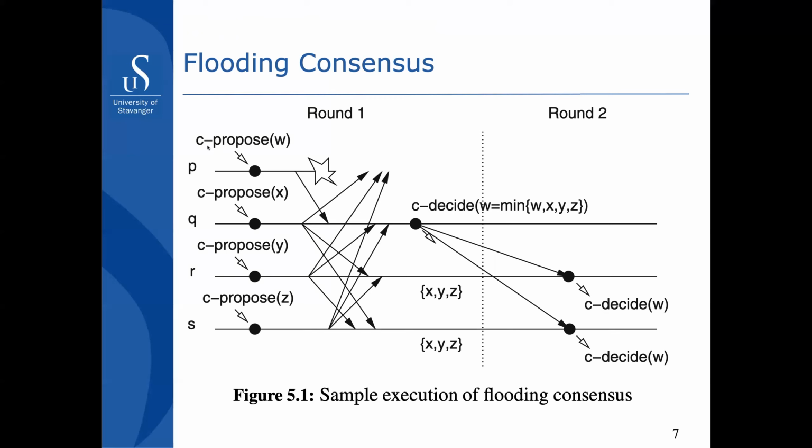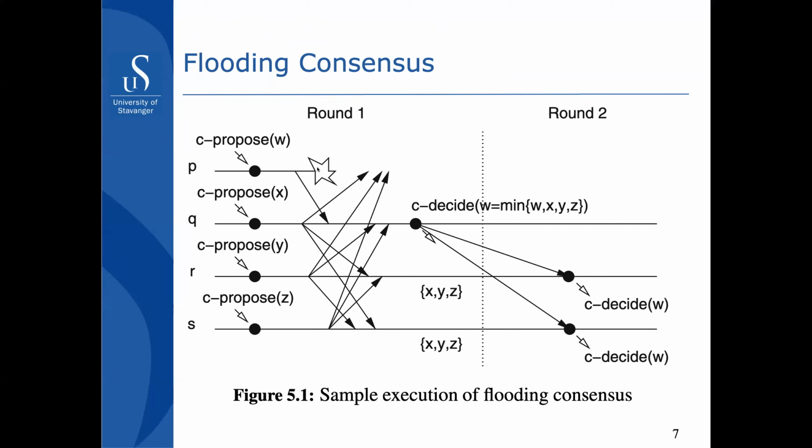in which you can see that all the processes propose a different value: w, x, y, z. Whenever you read such a sequence flow, you need to pay great attention to what messages are being exchanged here, because we see at the end we have a decide for w, and why does this happen?